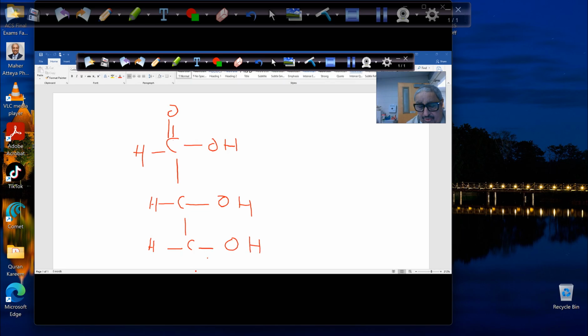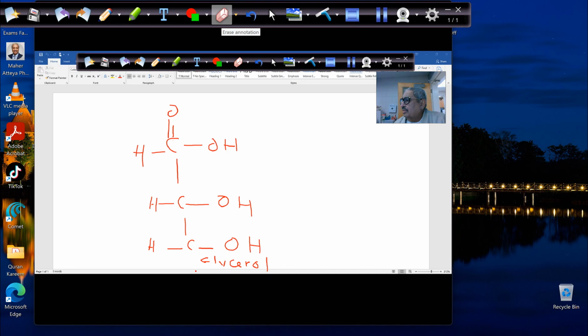Now I want to show you the type of lipids, how they look.